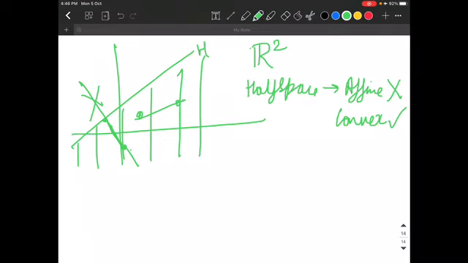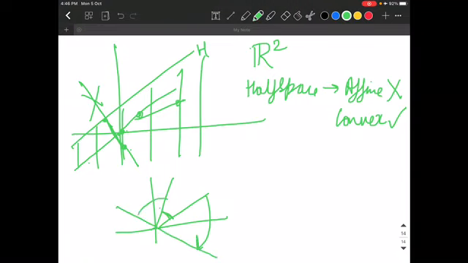Is this a cone? If the hyperplane passes through the origin, then the half space will also be a cone. As you can see, we had this cone, we just increase this angle, and finally we get this straight line, so this will be a cone.